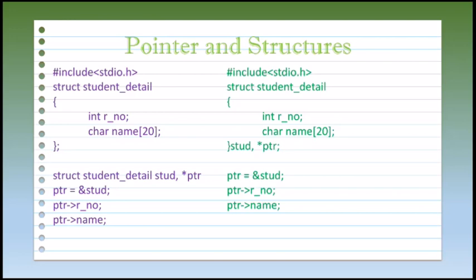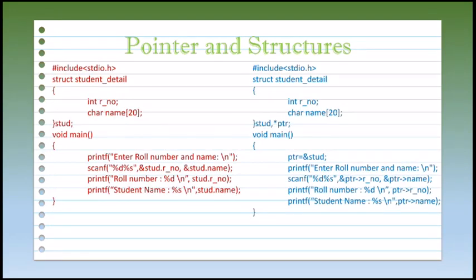Then we store the address of stud into the pointer variable ptr. In a similar way we can access using ptr, then the arrow mark and member name, that is either r number or name.